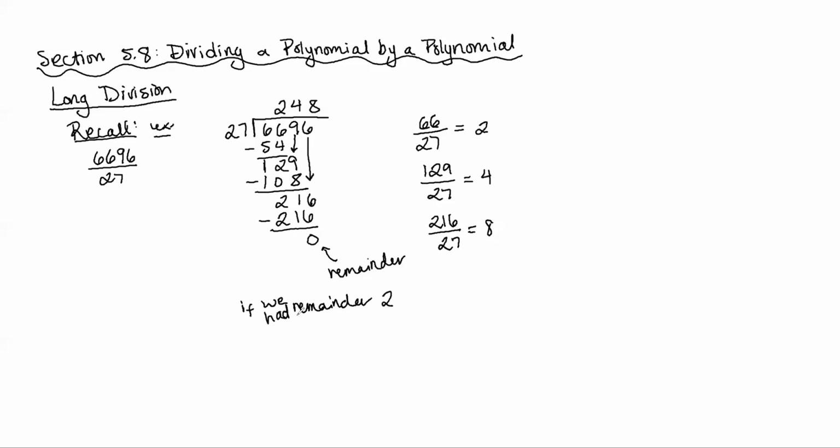If we had a remainder of 2, then we would have 248, which we have up top. And instead of adding in decimals, we can write it as 2 over what we were dividing by, which is 27. So we're going to do the same thing. We're going to put our remainders on top of a fraction at the end of our answer. The only difference is it's going to be added or subtracted on at the end, depending on the sign.